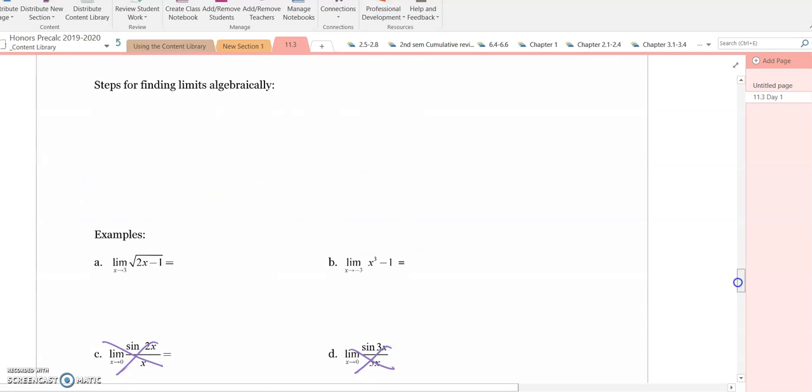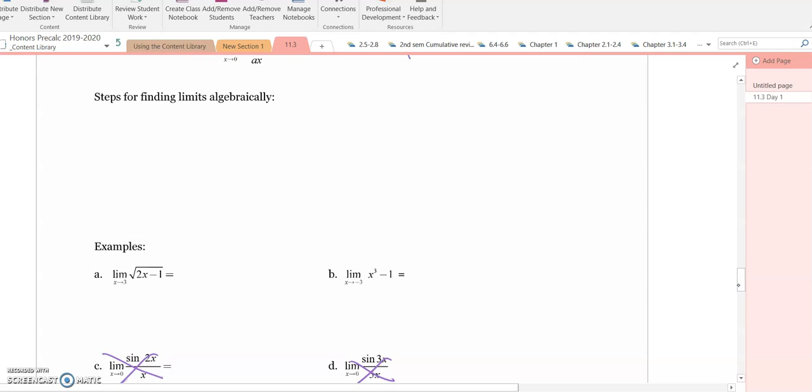I want to go here and do steps for finding limits algebraically, because that's going to be the next thing we cover. So these are some really basic steps. The first thing you should always do is try to substitute in that x value or that input value, the value that it's approaching. If you get a constant, then you're done. You have your limit.